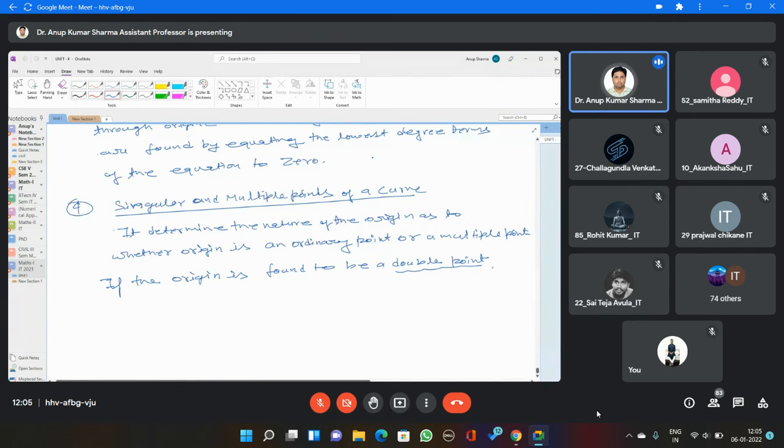So for a double point, determine whether it is a node, a cusp, or a conjugate.